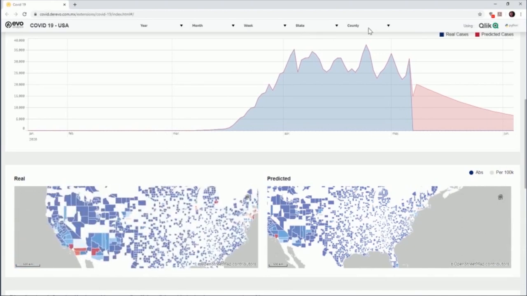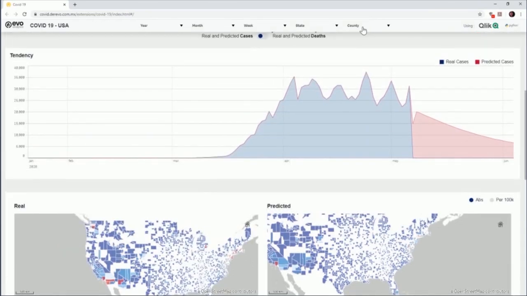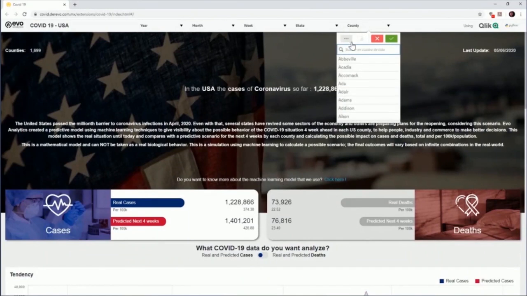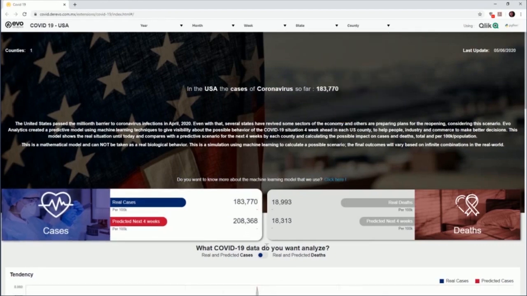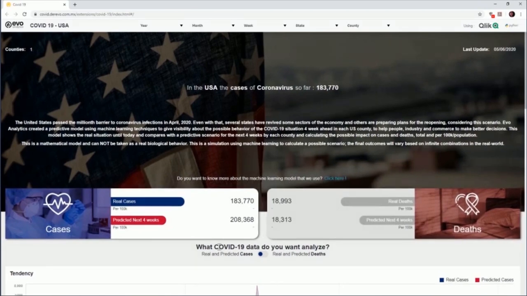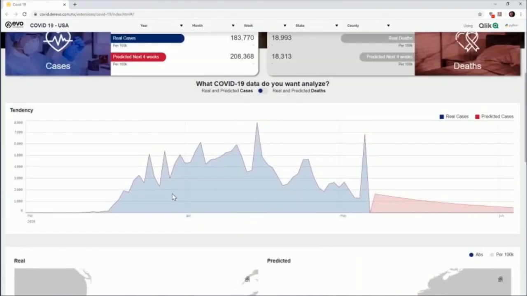Right now, because I haven't chosen any state or county, it is showing me everything. But if I go to, let's say, New York, which has the most cases right now, it automatically generates the real cases and the deaths for that county, which is the graph.